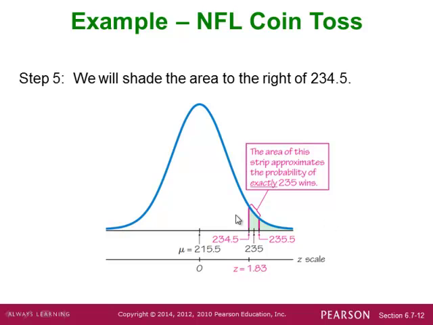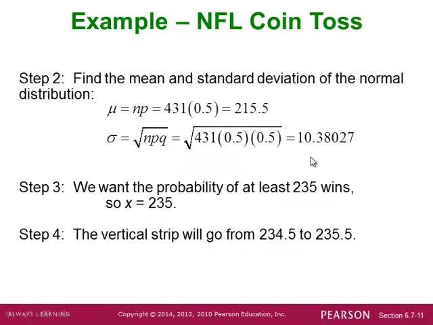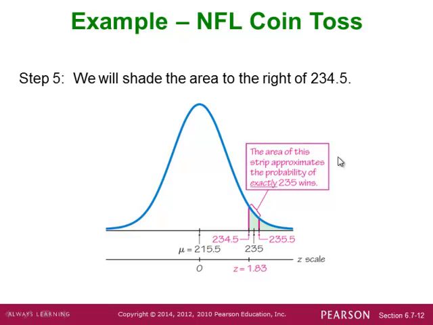Here's that shading that I showed you earlier. Here's a normal distribution with a mean of 215.5 and sigma being equal to 10.38027. And then here's 235, which is about 2 standard deviations above the mean. We backed it off and put it forward by half a unit to give the strip. But we want to find this area to the right of 235.